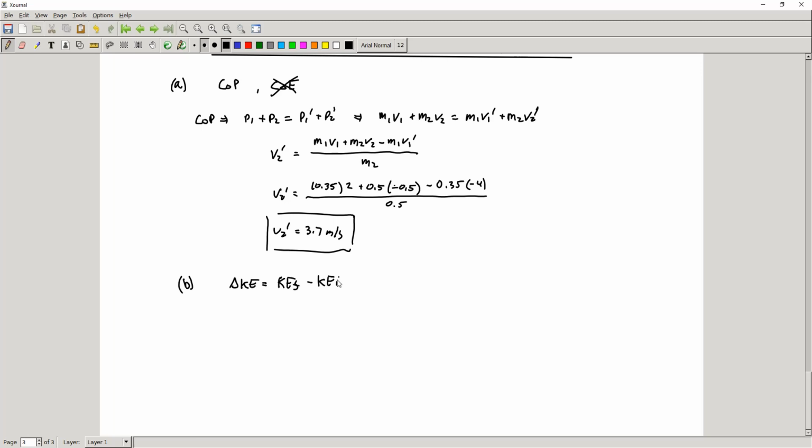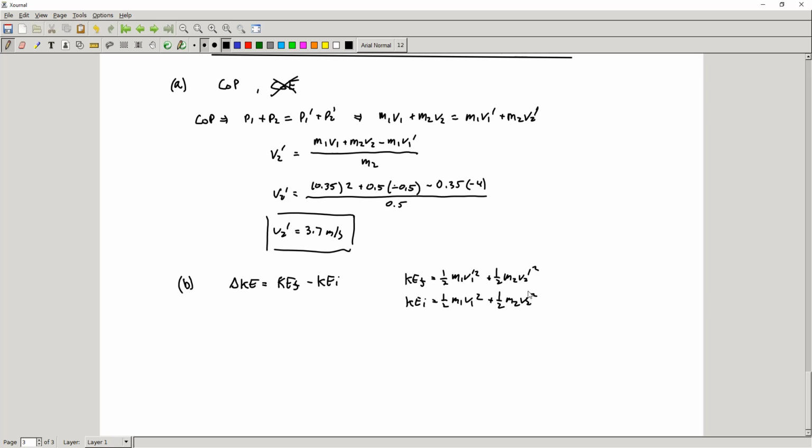What are our final and initial kinetic energies? Well, we know that our kinetic energy final is simply going to be 1/2 m1 v1 prime squared plus 1/2 m2 v2 prime squared. And our initial kinetic energy is going to be 1/2 m1 v1 squared plus 1/2 m2 v2 squared.